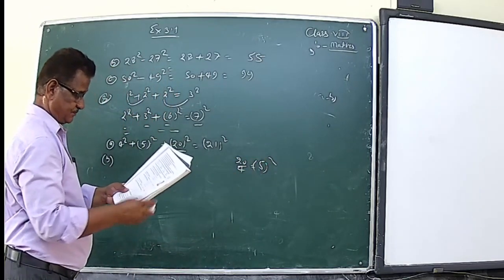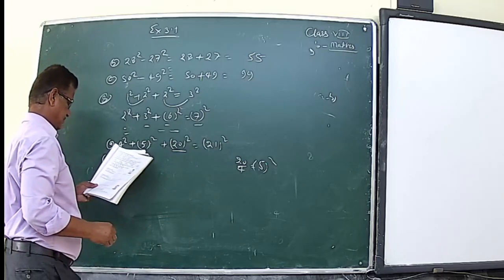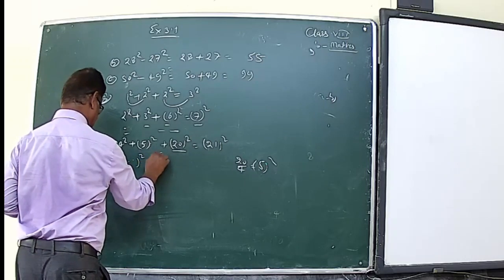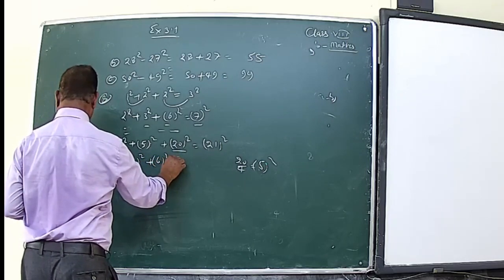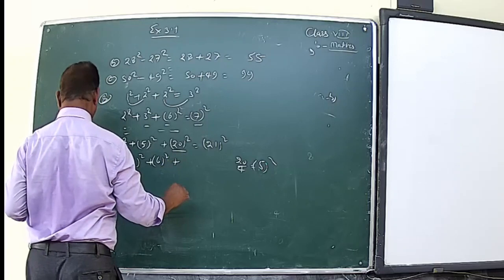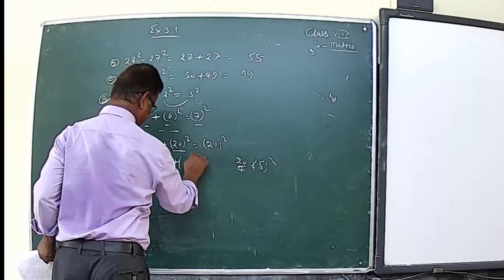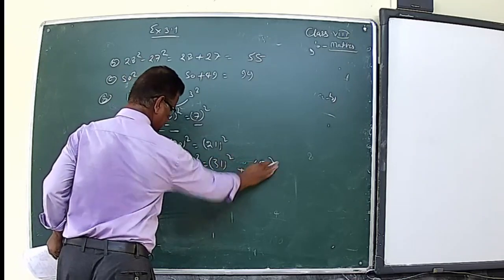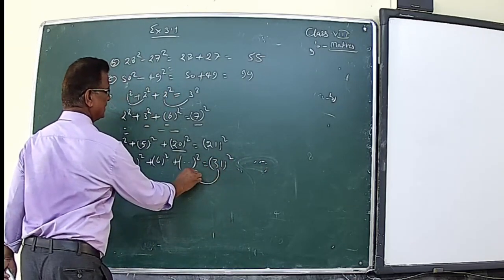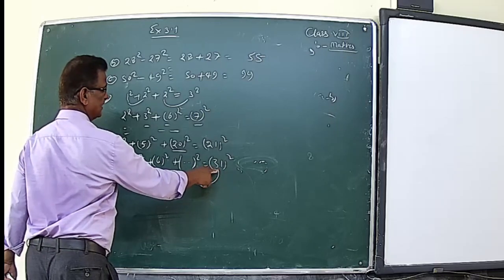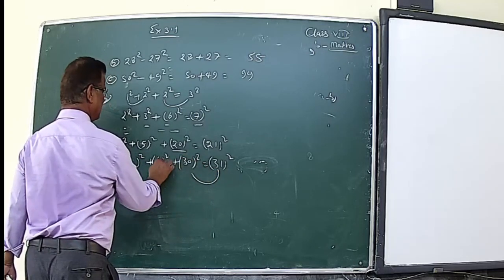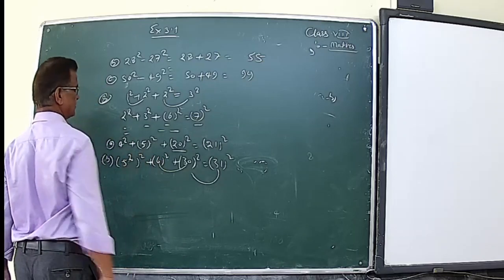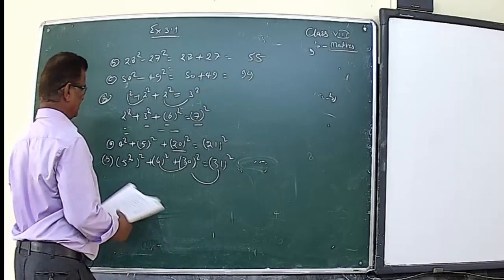Now B is given. Here you have to fill: 6 squared, and here also you have to fill, and here 31 squared is given. One less number goes here, the predecessor of 31 is 30 squared. Divide 30 by 6, then 5 is coming, so write 5 squared.